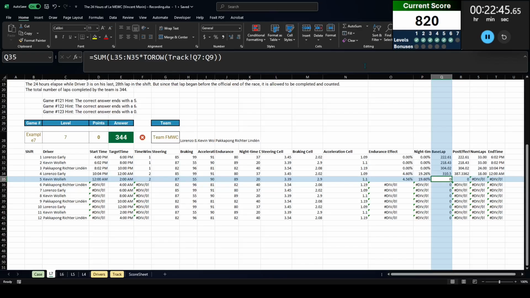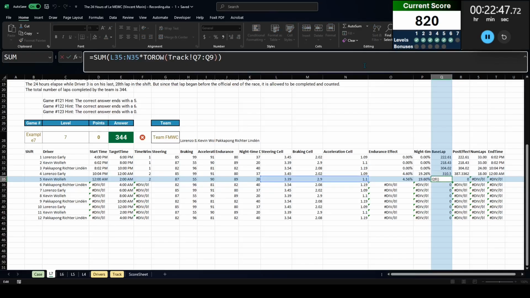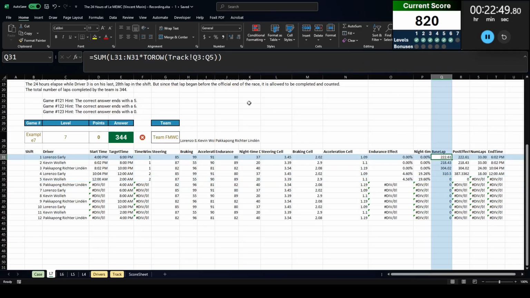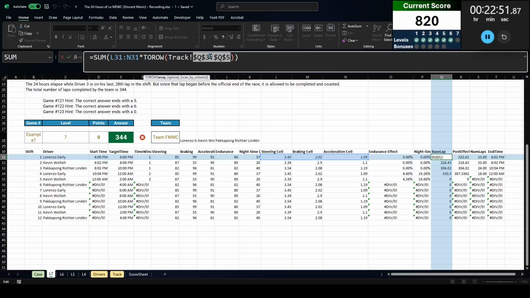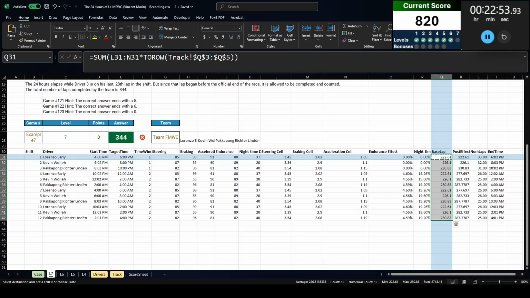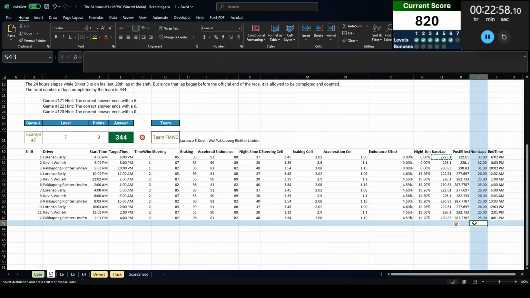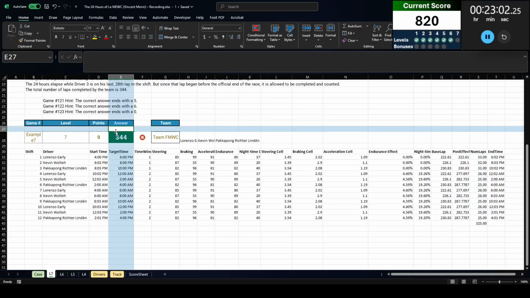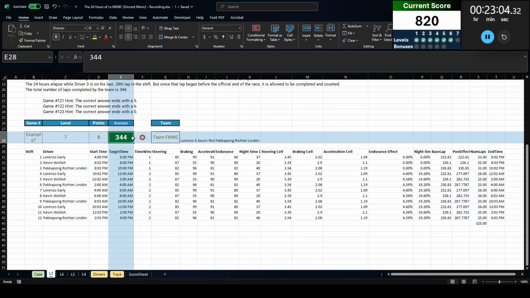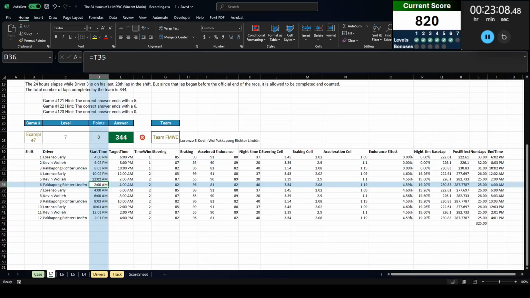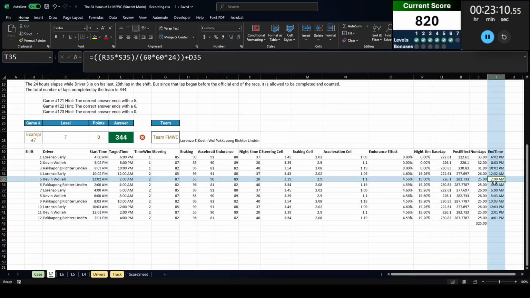Nice little, excuse me. All right, so base lap. This is not calculating. Why are you not calculating? Oh, because the track numbers are not locked in. Number 1 rule of Excel competitions: always make sure you lock in your track numbers. All right, now, how many laps do we have total? 325. We should have 344. Oh boy. This start time, this is 2 o'clock a.m. That says 2 o'clock a.m. Why is that so nice and round?